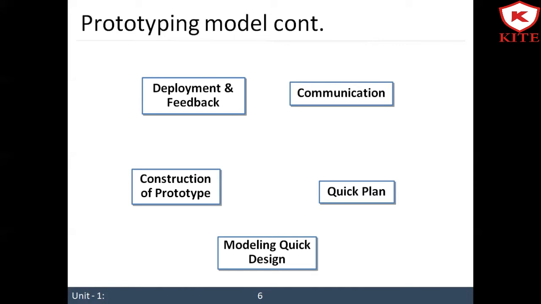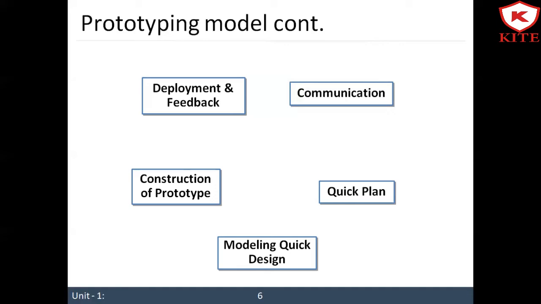Feedback is used to satisfy the needs of the customer while at the same time enabling the developer to better understand what needs to be done. So from the prototype, we can get some positive and negative feedback so that it can be used for further development of the software. Ideally, the prototype serves as a mechanism for identifying software requirements.